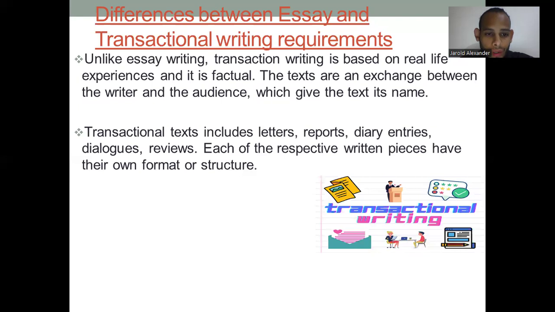So transactional texts include letters, reports, diary entries, dialogues, reviews, and each of these respective written pieces or texts has its own format or structure, which we will also deal with a little bit later. Just a little bit of an example. When it comes to letters, we have an informal letter and we have a formal letter.